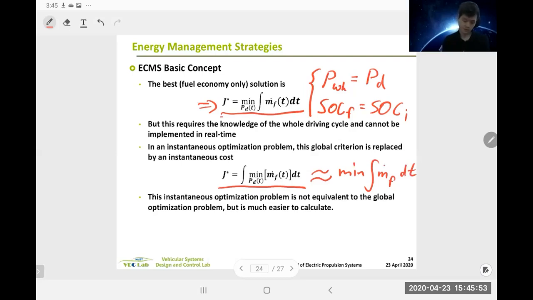So this was the original problem, but by having the minimization part put inside, now this problem becomes instantaneous optimization problem.